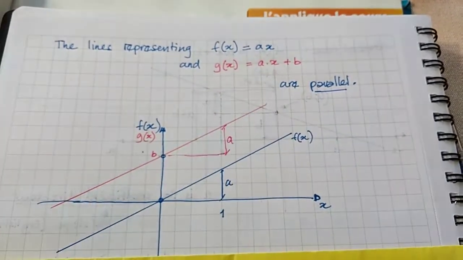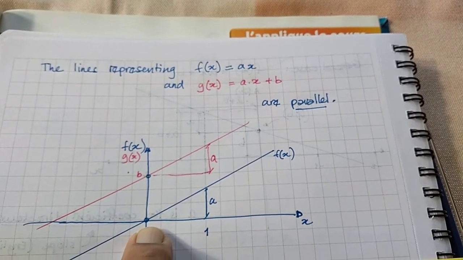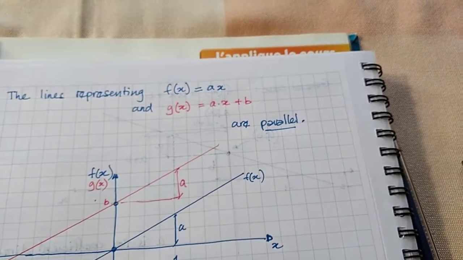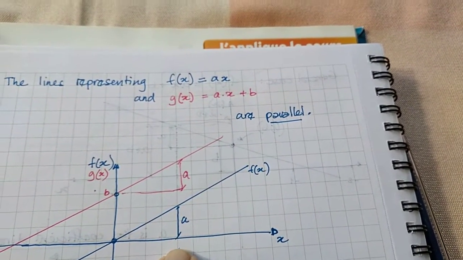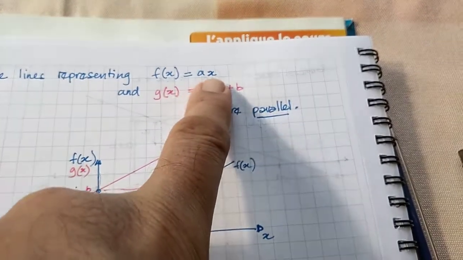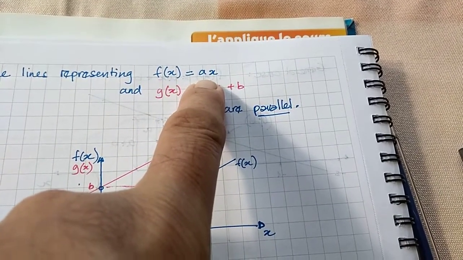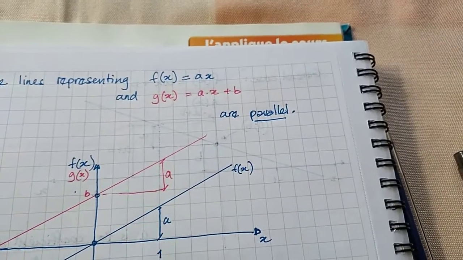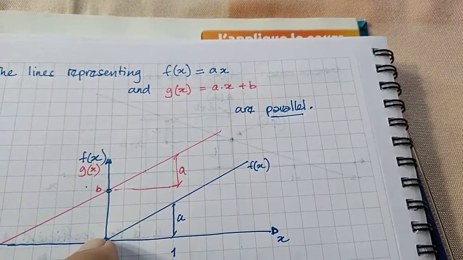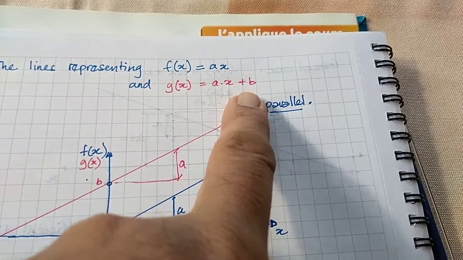So if we draw the line representing f of x is equal to ax, then we know it's a linear function. It passes through the origin and it goes up like this. When x is 1, then f of x is a. This we have seen many times before. And similarly, we do g of x is equal to ax plus b.